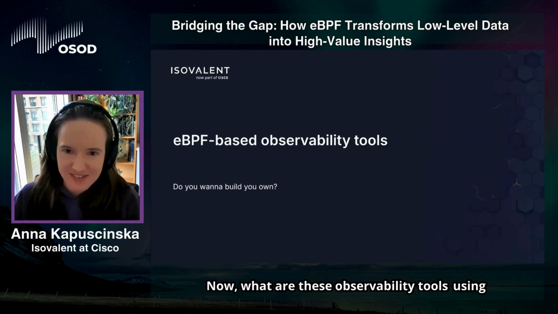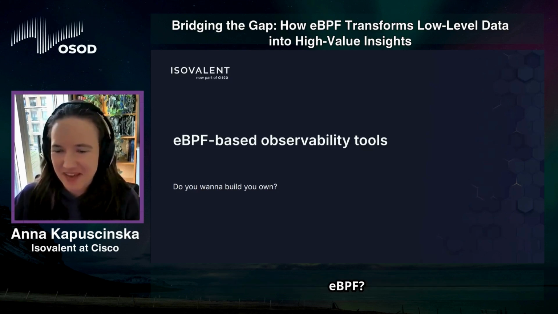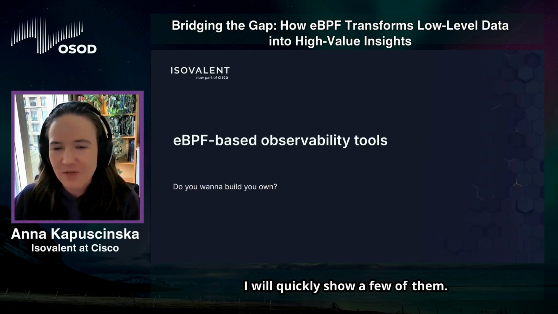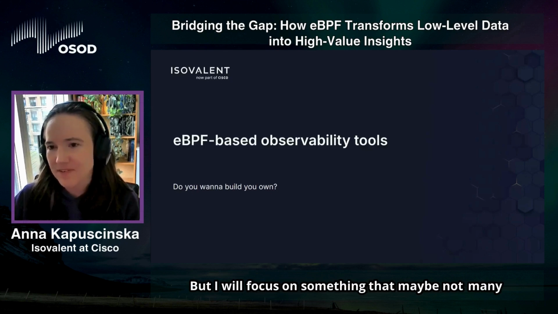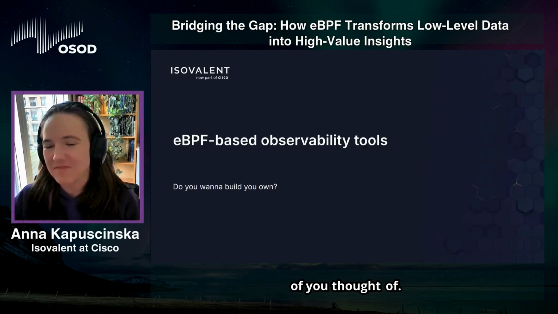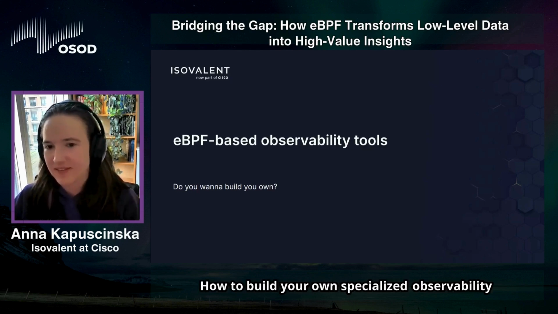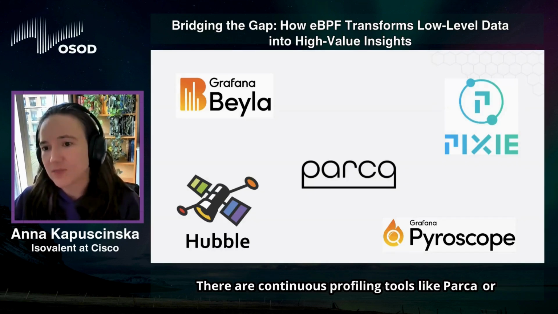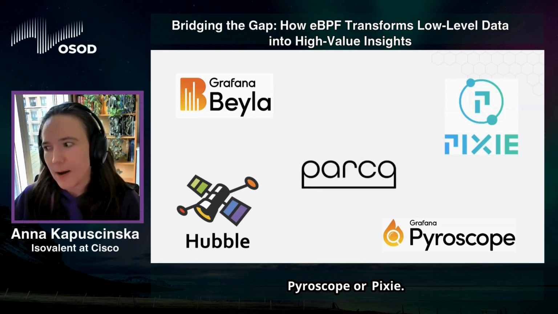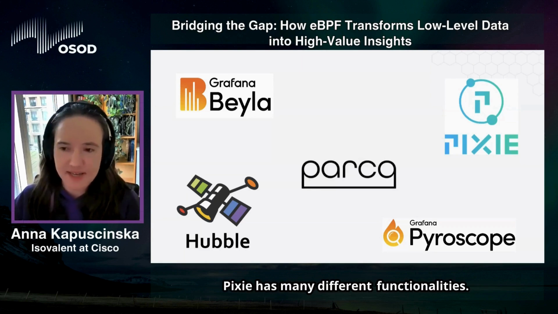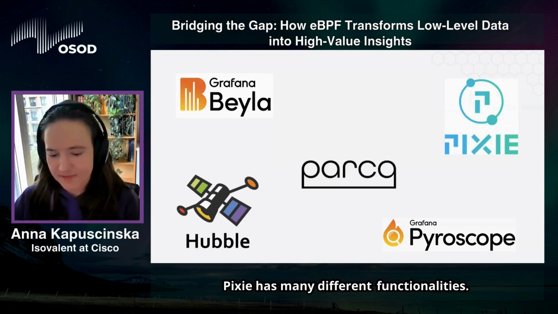Now, what are these observability tools using eBPF? I will quickly show a few of them, but I will focus on something that maybe not many of you thought of: how to build your own specialized observability tool. There are continuous profiling tools like Parca or Pyroscope, or Pixie. Pixie has many different functionalities.